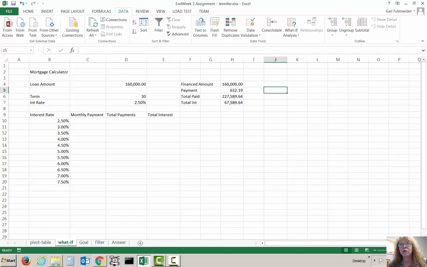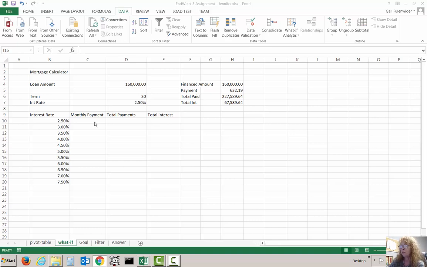Okay. Now, here's the one that gave most people the problem. So let's look at what we're dealing with here on creating a data table. And some of you may have gotten data, but not using the what-if. If you just used the regular payment and just did all the calculations yourself, then I went ahead and gave partial credit of the bonus.